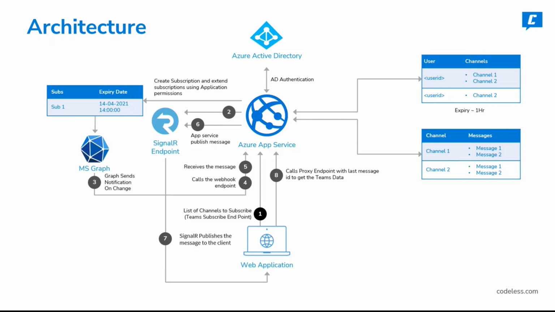So we have to maintain the subscription lifetime and renew those subscriptions before they expire. And my Azure App Service is following standard Azure AD authentication, so all the requests that go from the web application to my Azure App Service are authenticated and carry a legit bearer token as well.